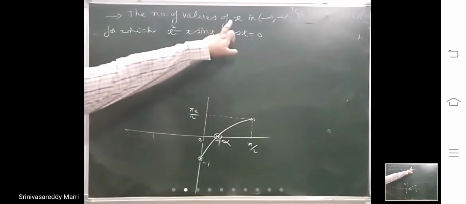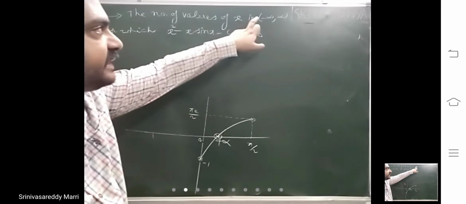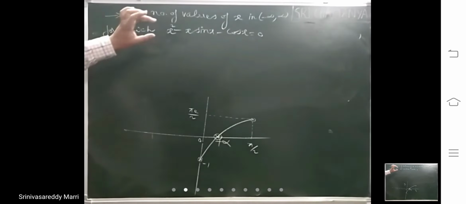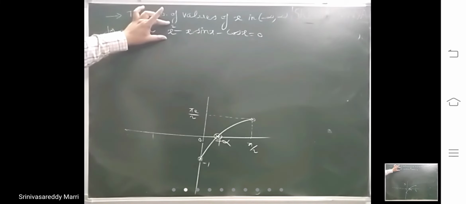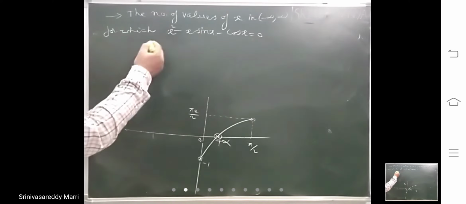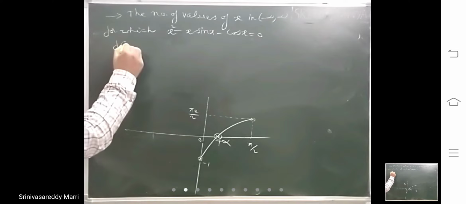You have to find the number of values of x in minus infinity to infinity such that this is 0. That means indirectly, what is he asking? What he is asking is the roots of this equation. That means take f of x.